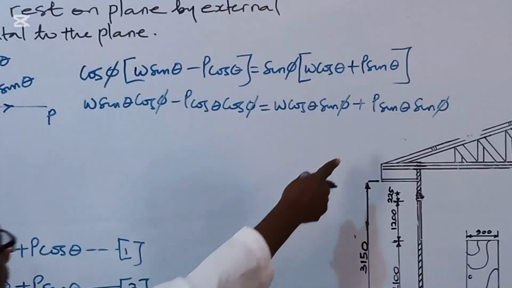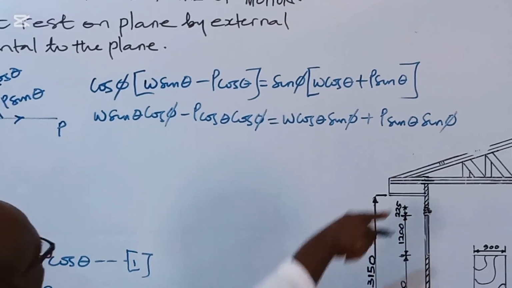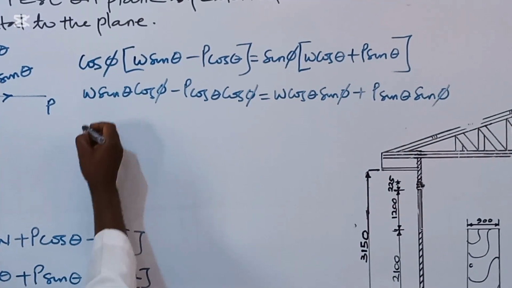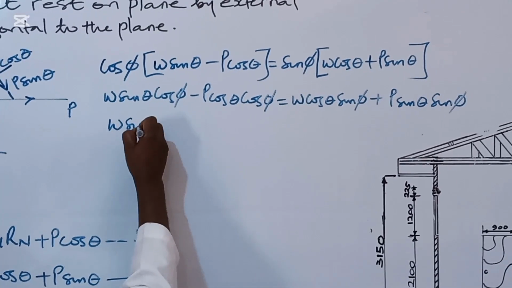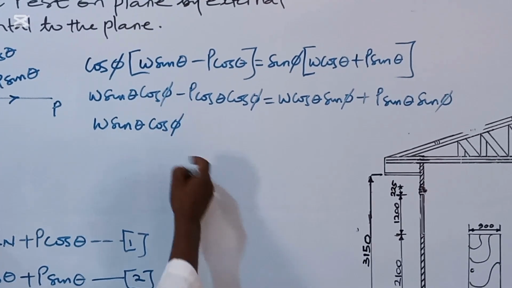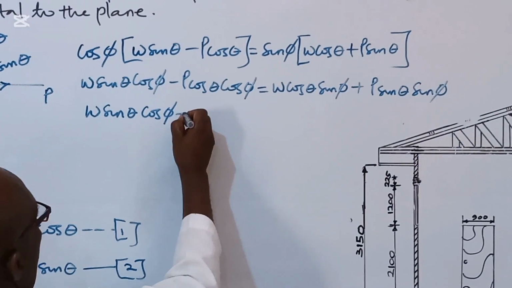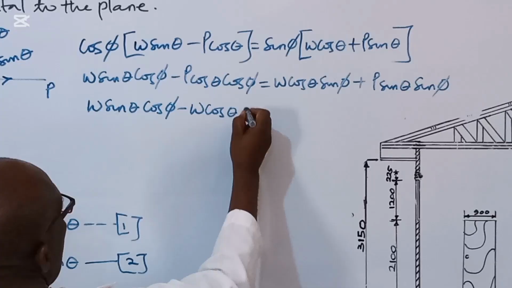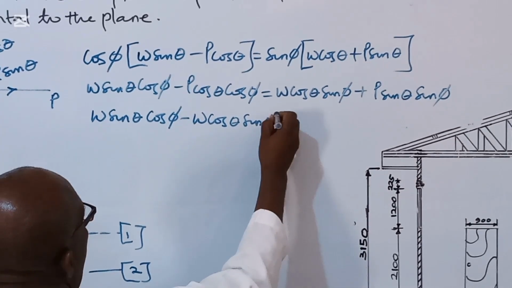Now if I bring this, no, let me take this to that side, right? And then bring this W cos theta back to this side. So I'll be having W sin theta cos phi minus W cos theta sin phi.